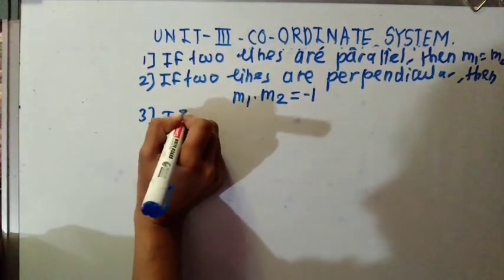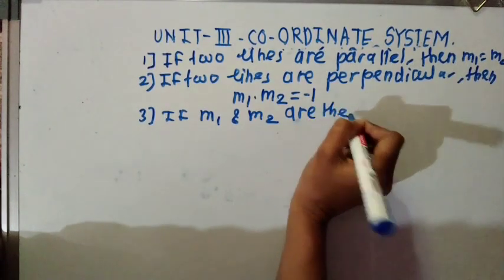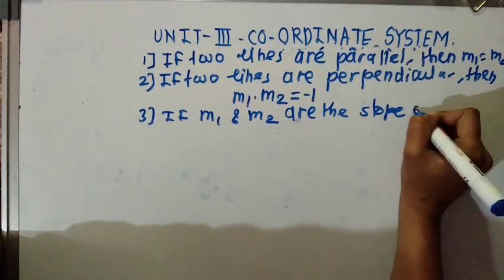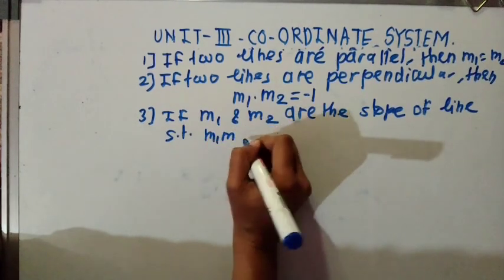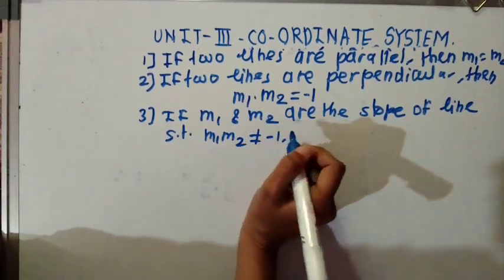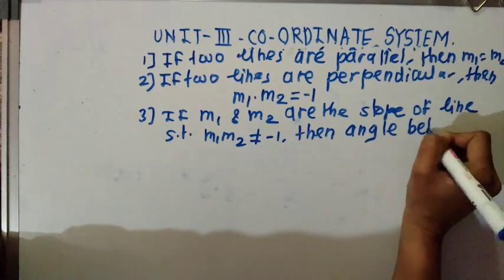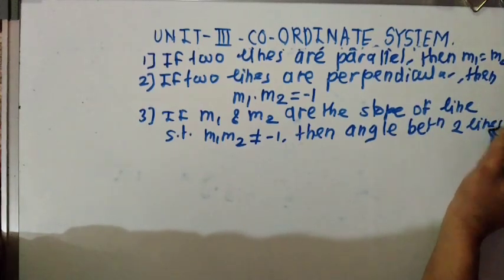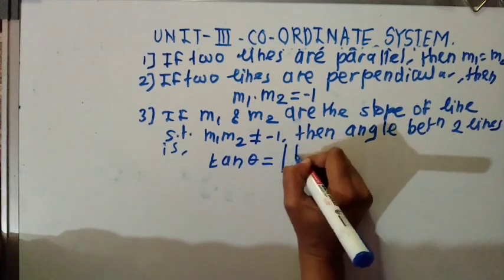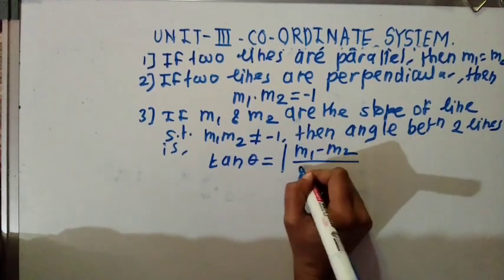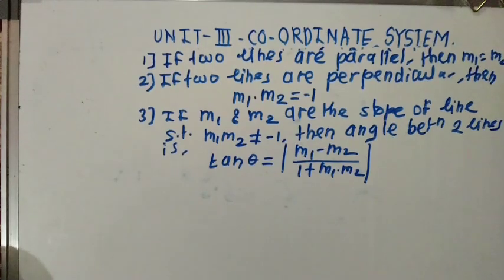Then third formula is, if m1 and m2 are the slopes of lines such that m1 into m2 is not equal to minus 1, then the angle between the two lines is given by tan theta is equal to mod of (m1 minus m2) upon (1 plus m1 into m2).